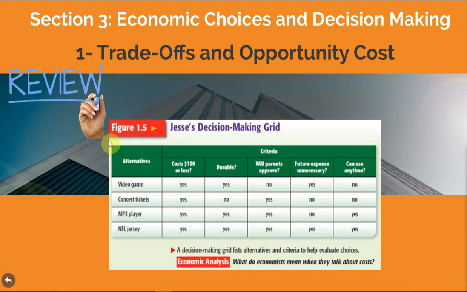In Section 3, which is economic choices and decision making, it helps us learn how to make decisions and choices. And we have talked about the trade-off and opportunity cost and how to use the decision making grid to pick the best decision according to a certain criteria.